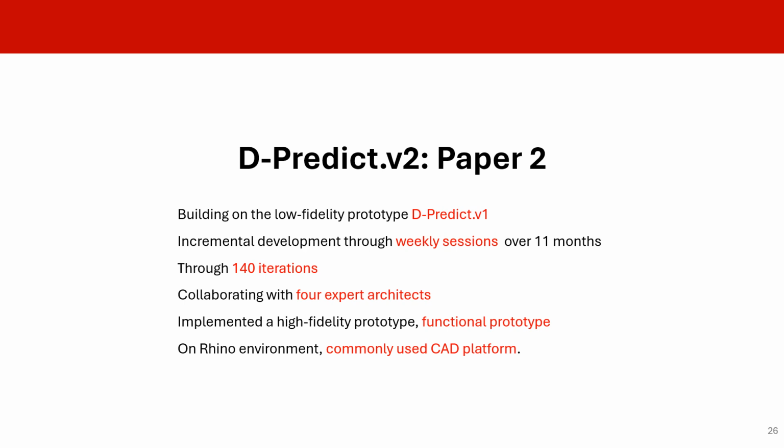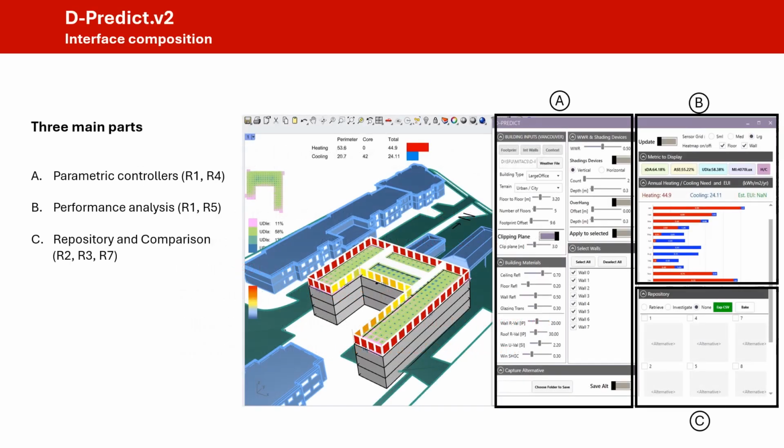Building on the low-fidelity prototype through incremental development, we developed a functional prototype called DPredict version 2 over 11 months and through 140 versions in weekly sessions, collaborating with expert architects from our industry partner. This prototype contains three main parts: parametric controllers, performance analysis, and repository and comparison.